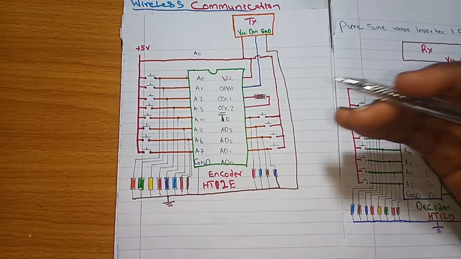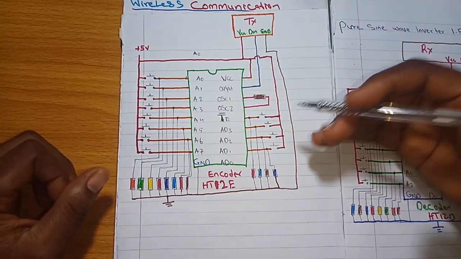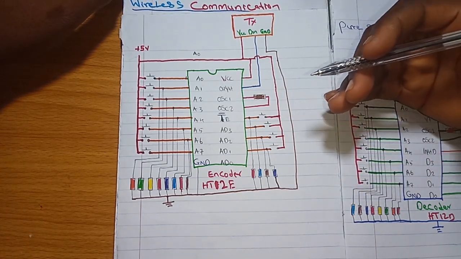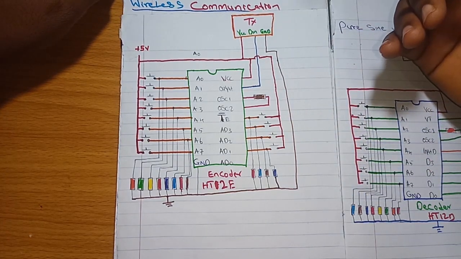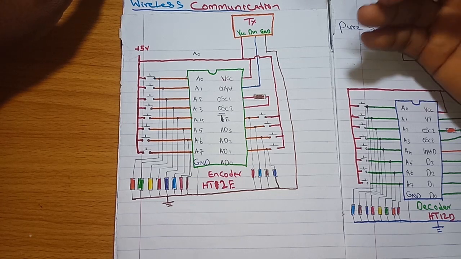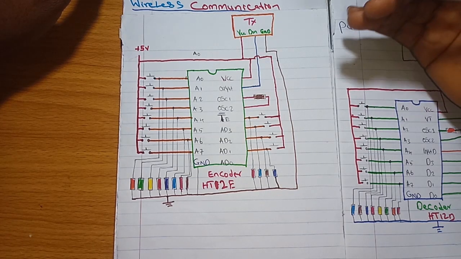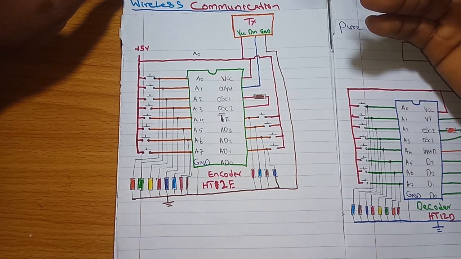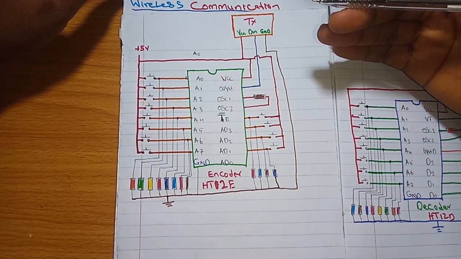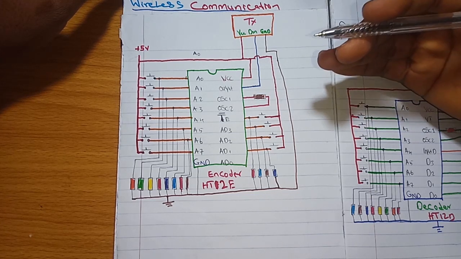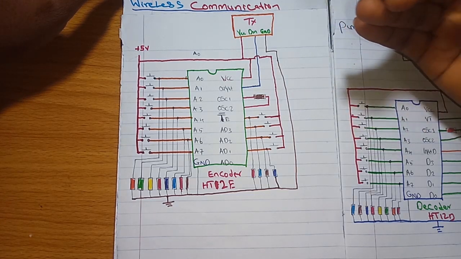So in this lesson, when we talk about wireless communication, what do we mean by that? Simple. Wireless communication, in layman's language or for beginner level, is a transmission which is done in wireless form.